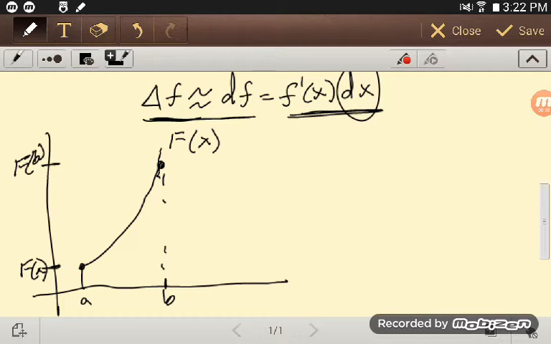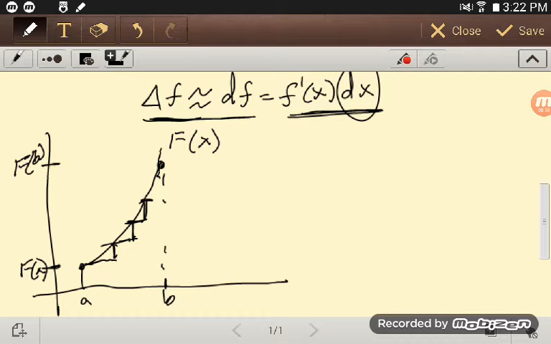And I could get the full change here by taking lots of little incremental changes. I could find that change, and that change, and that change.